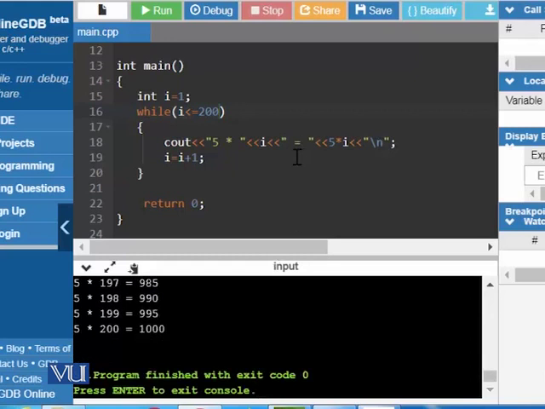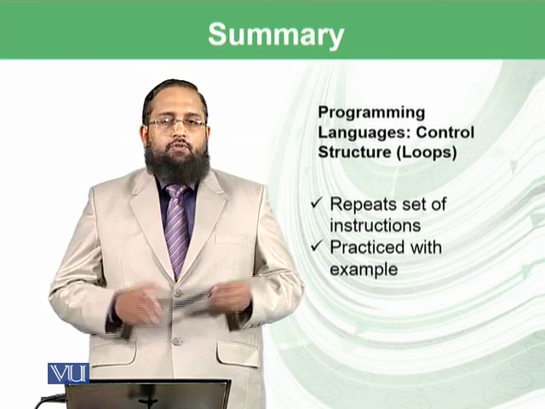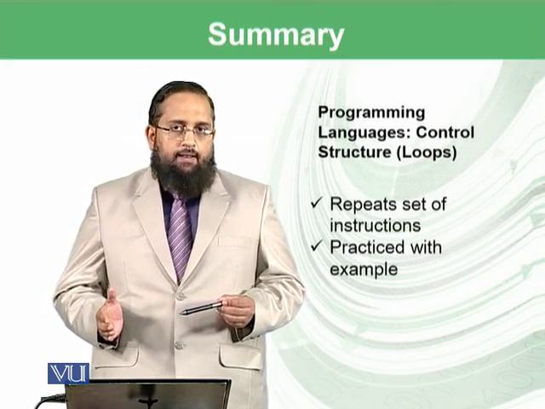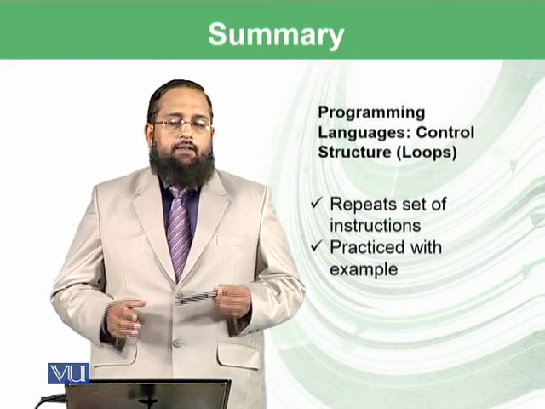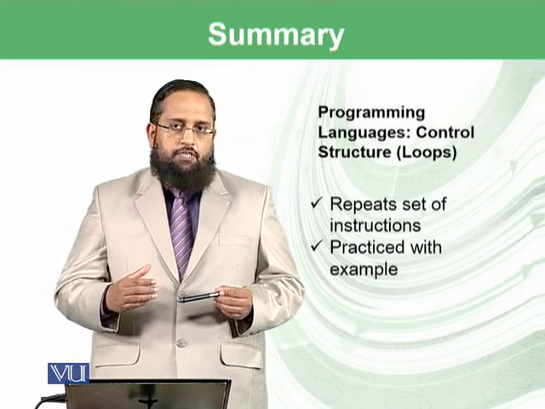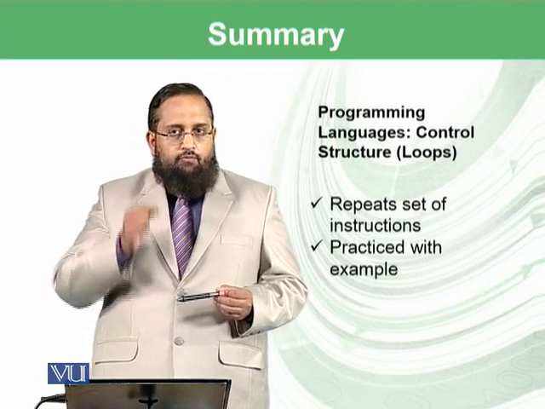This is basically the power of loops: whatever we are repeating, you can replace that repetition using loops. We have learned about the repeated structure, loops, and we have practiced this loop using offline and online versions of the C++ compiler, and we have seen that using a loop you can control the flow of your instructions. It will not be executed one instruction, then second, then third, then fourth.